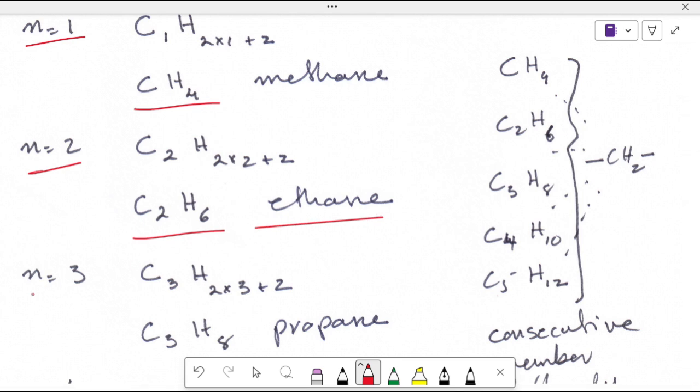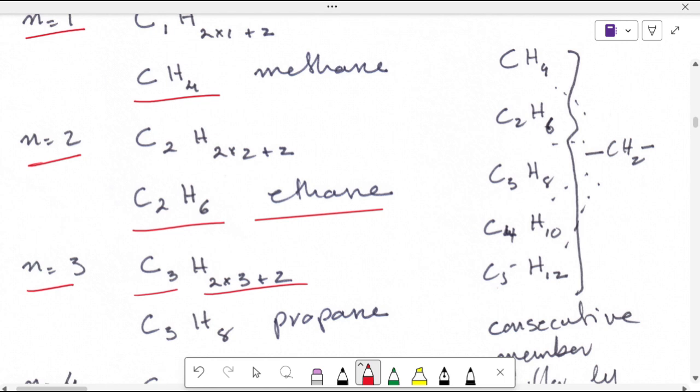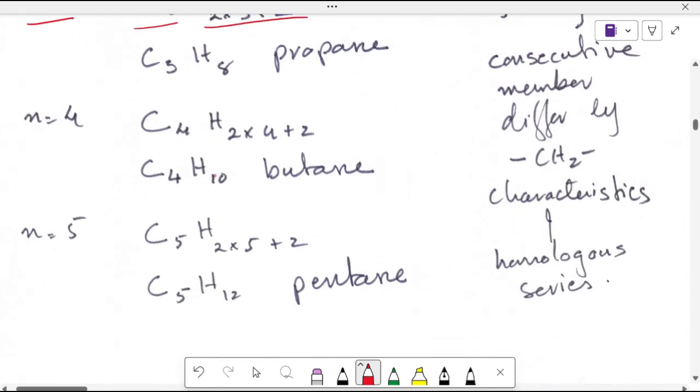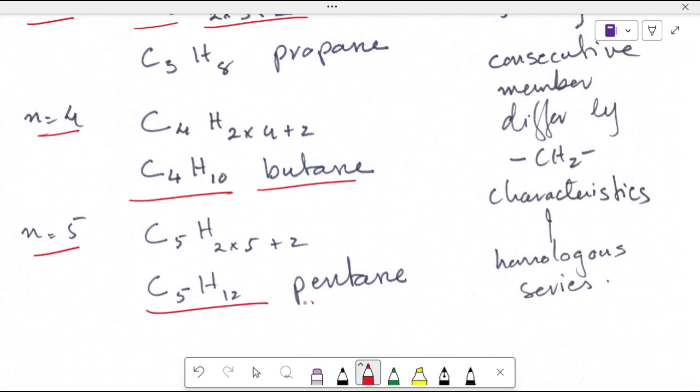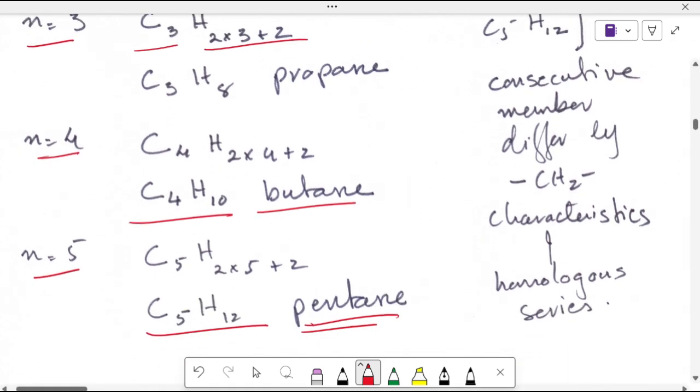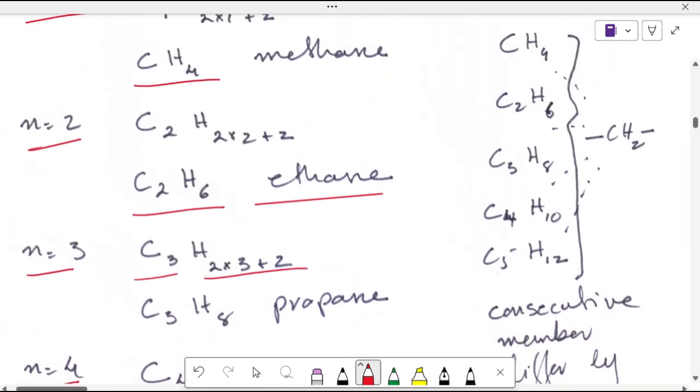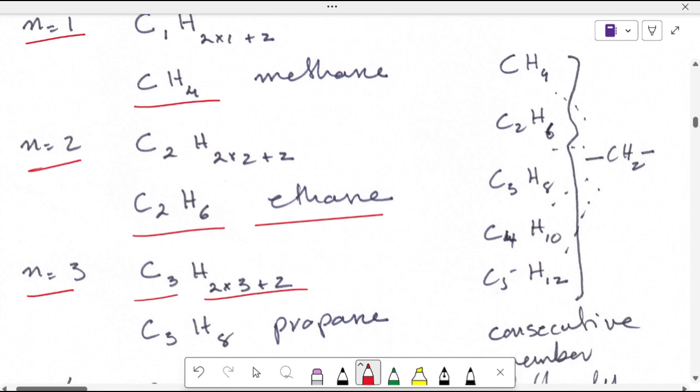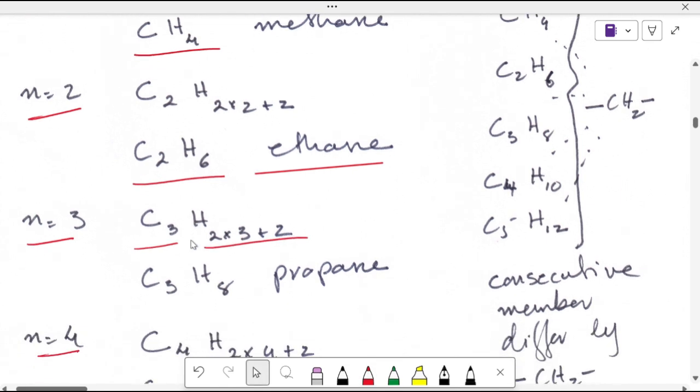Carbon number 3, again putting the value of n, it comes out to be propane. Carbon 4, butane, C4H10. Carbon 5, C5H12. Now, if you forget sometimes, it's a very common trick you must remember: multiply the number of carbons by 2 and add 2 to it.